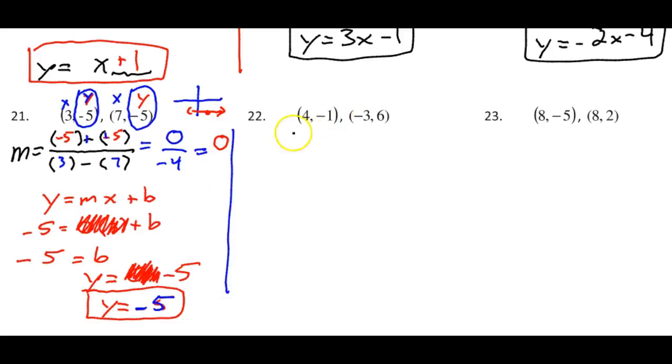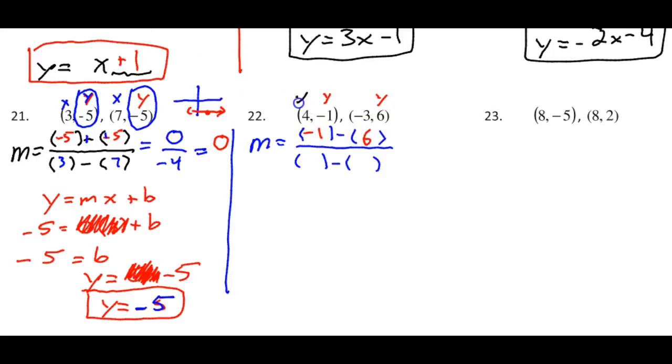Alright, so let's do one more. Plug everything in. So both y's are -1 and 6.